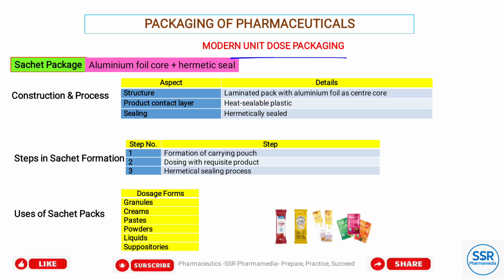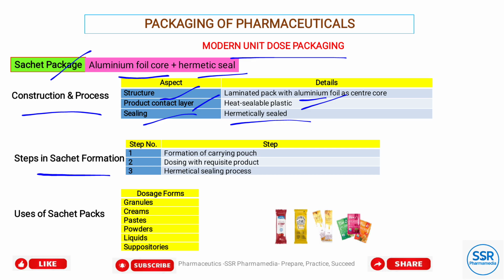Next, modern unit dosage form packing. Sachet package: aluminum foil core plus hermetic seal. Construction and process of this preparation. First is structure: laminated pack with aluminum foil as a center core. Product contact layer: heat sealable plastic, hermetically sealed.